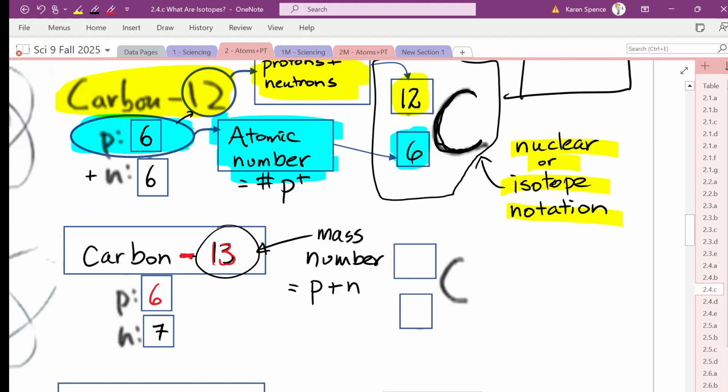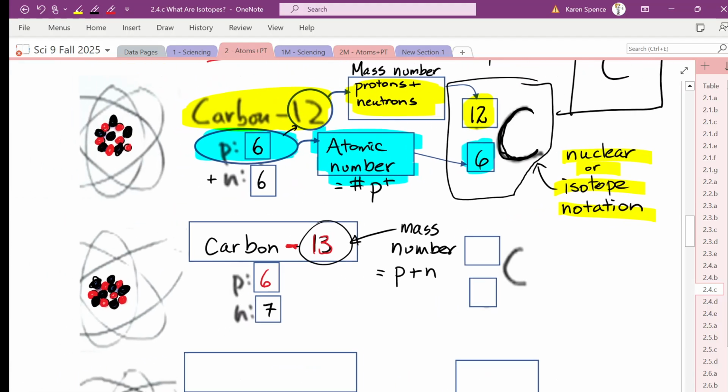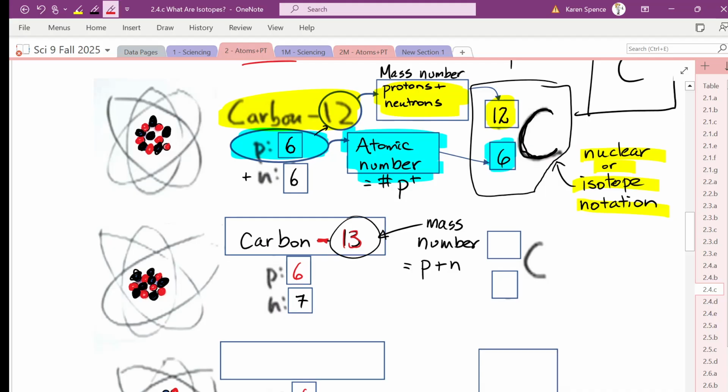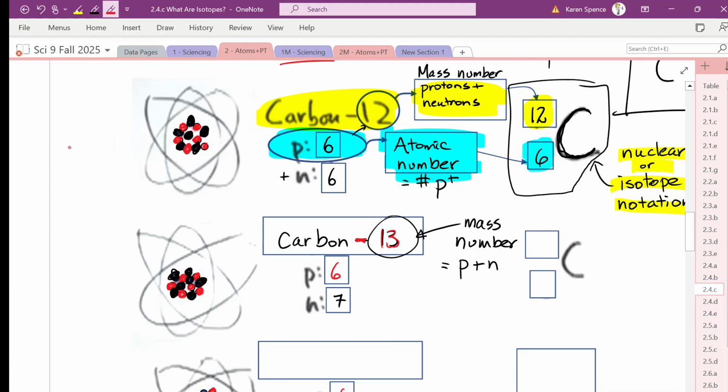Could you fill in the nuclear notation for this version of carbon? What do we call different versions of carbon? This is isotope. This is isotope number 1. This is isotope number 2.